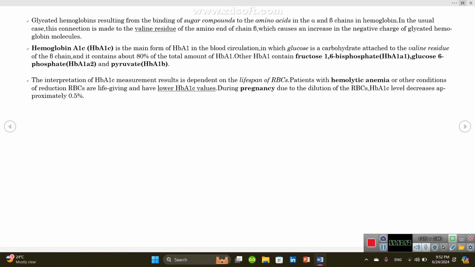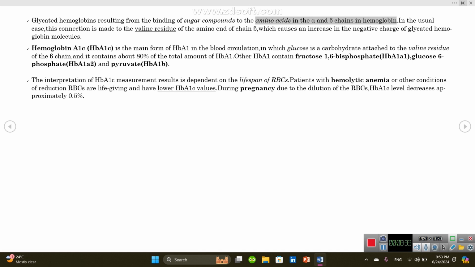Okay, so glycated hemoglobin results from the binding of sugar compounds to the amino acids in the alpha and beta chains in hemoglobin. As you know, hemoglobin has two pairs, one pair of alpha chains and one pair of beta chains.